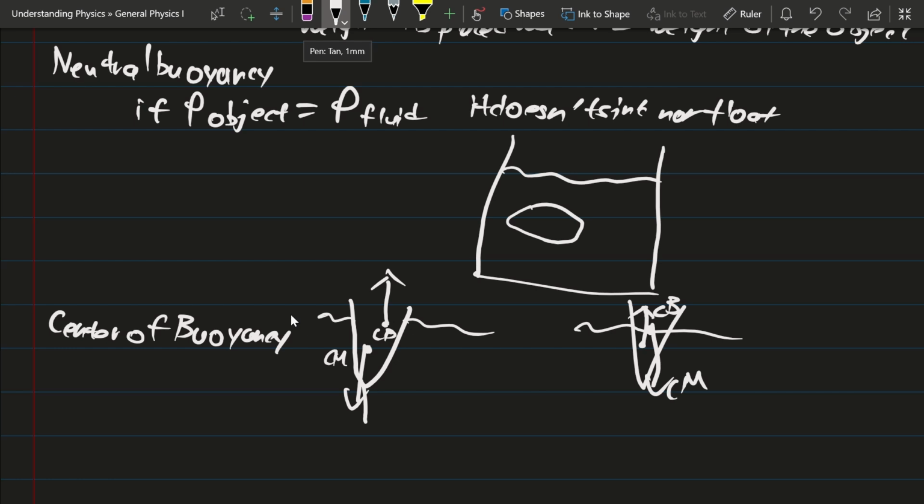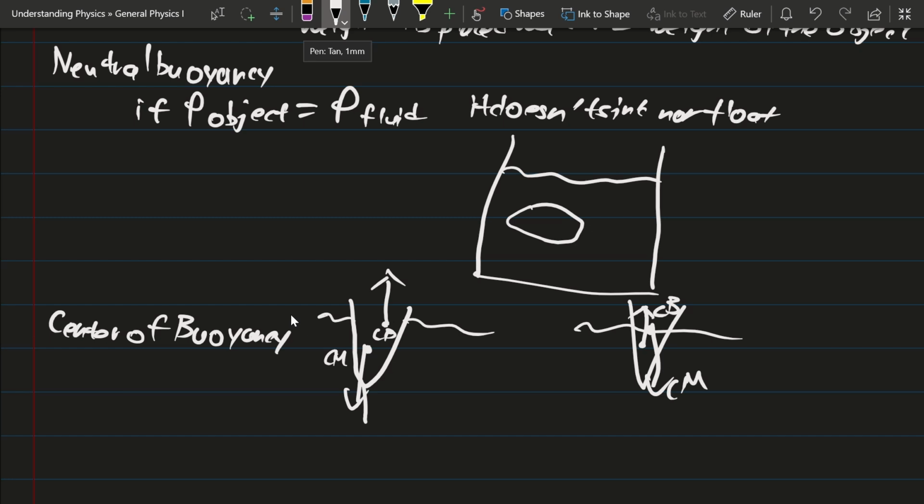That's why marine engineers, the people who create ships, really need to think of the idea of the center of buoyancy, because if you don't understand this, you might end up with a ship which suddenly flips over. So that's the main importance of the center of buoyancy.